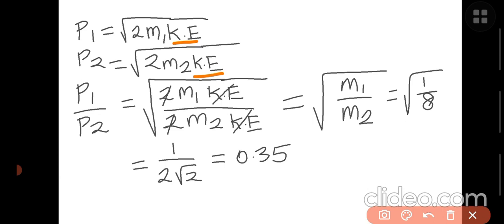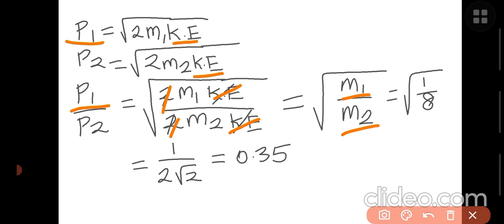So finding the ratio P1 to P2, P1 divided by P2, we get square root of m1 by m2, where we can cancel out the common terms in the numerator as well as in the denominator. Here the kinetic energy remains the same, which gives m1 by m2.